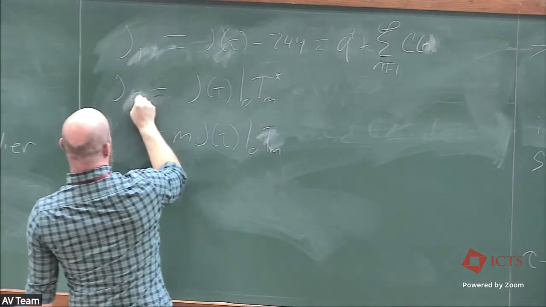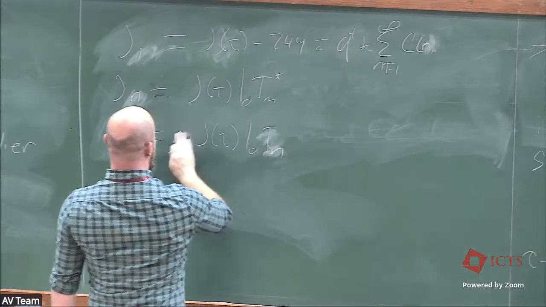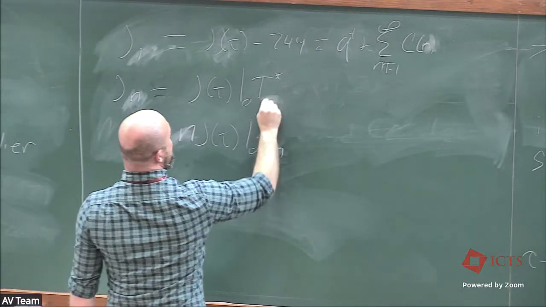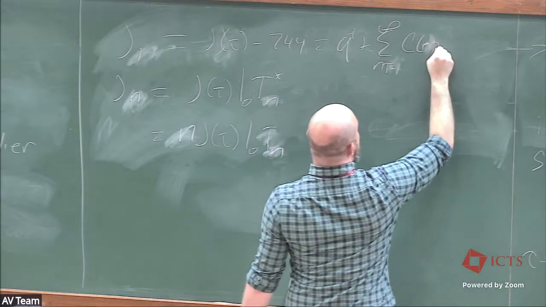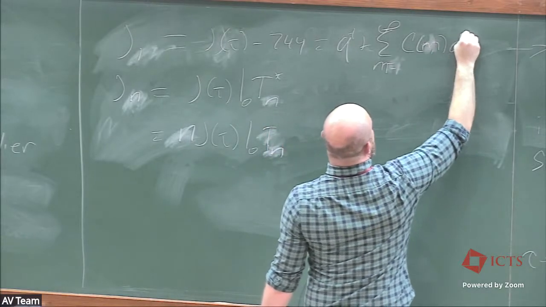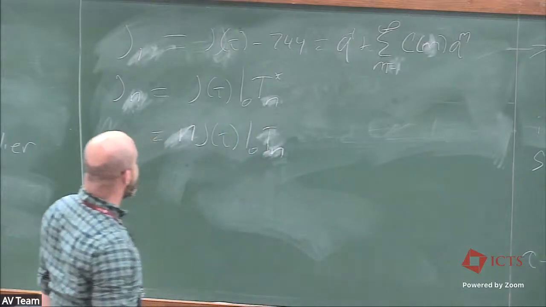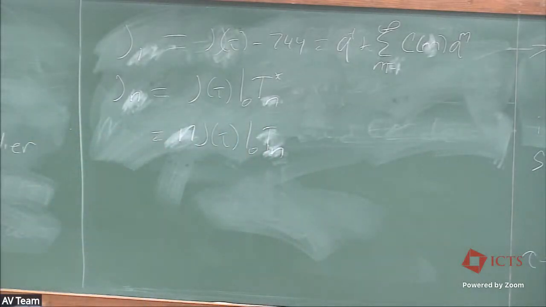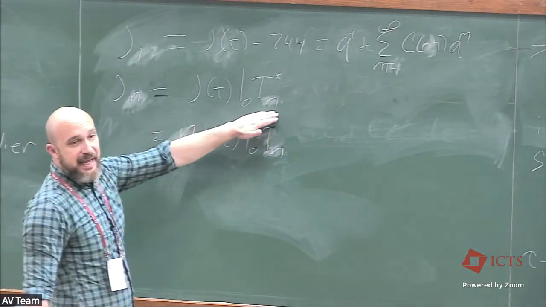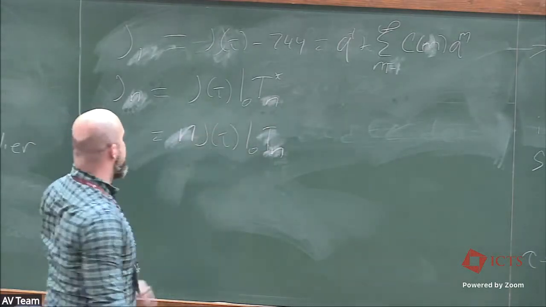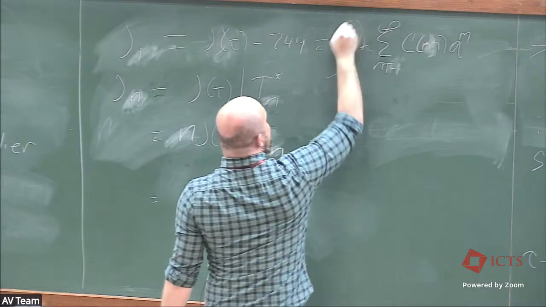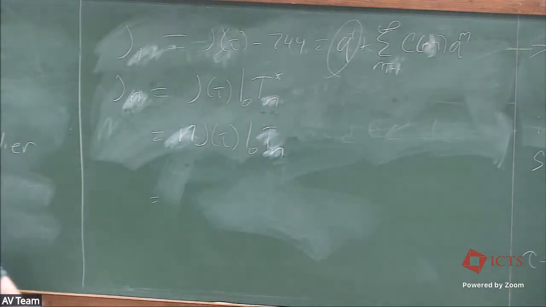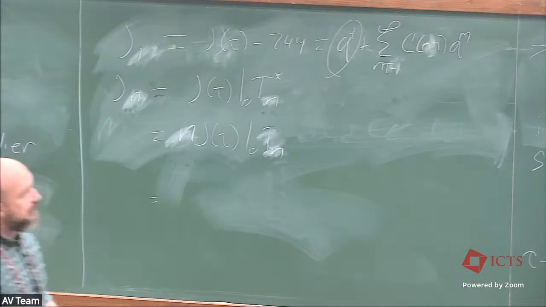Let's go ahead and call these J_n, and then we'll use m for our index here: C_m q to the m. Okay? So we have this. So now what happens when I act on it by this operator? Well, the first thing that I'm interested in is what is happening here to the pole.